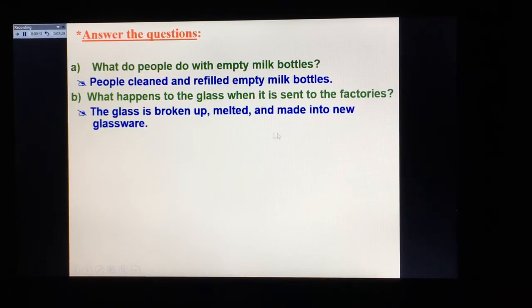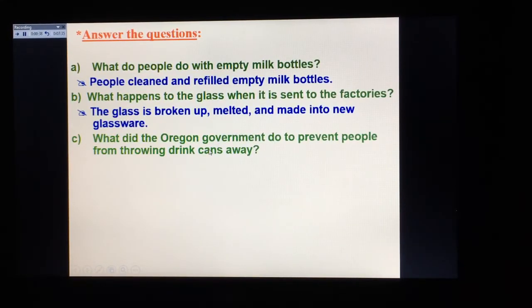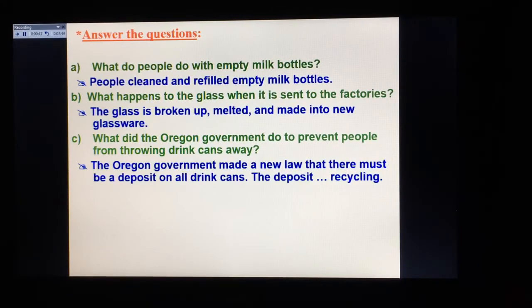Yes, the glass is broken up, melted, and made into new glassware. Question C, what did the Oregon government do to prevent people from throwing drink cans away? Yes, the Oregon government made a new law that there must be a deposit on all drink cans. The deposit is for recycling.